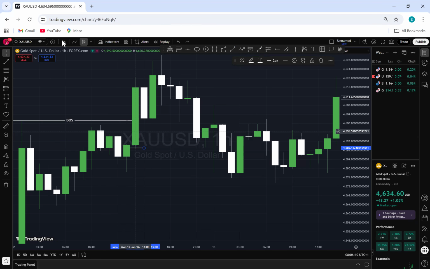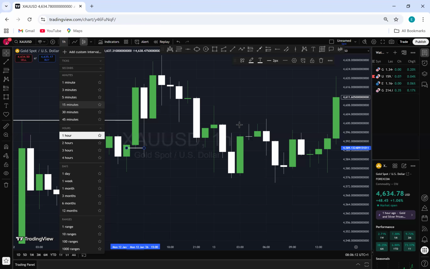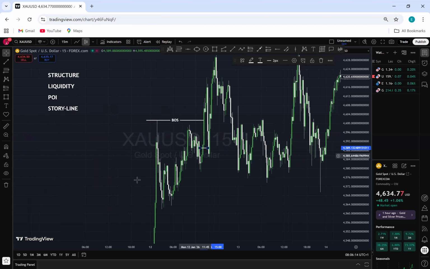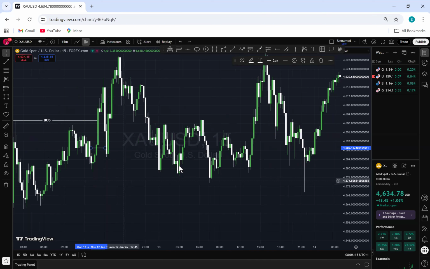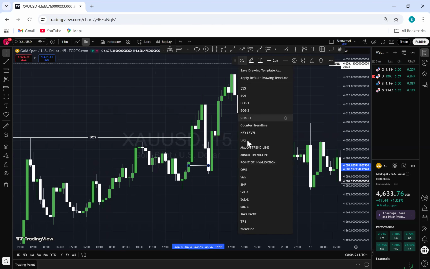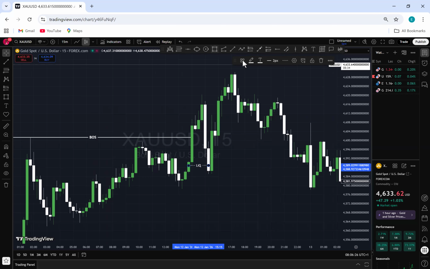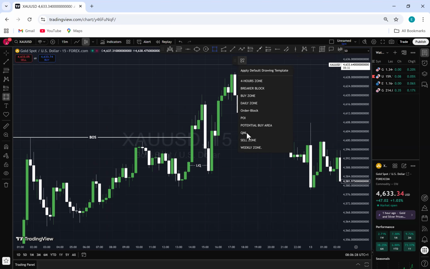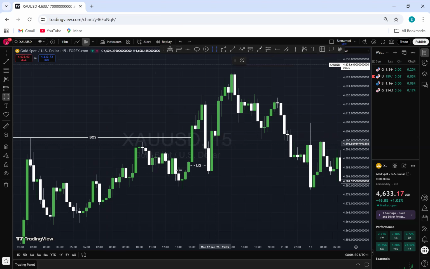You can pick that without even going to a lower time frame. You can see that we have liquidity right here, right? So we have this as liquidity, liquidity for this order block here, right?